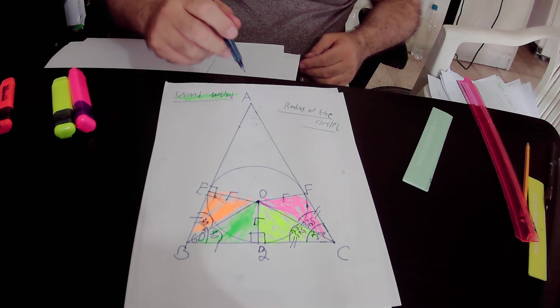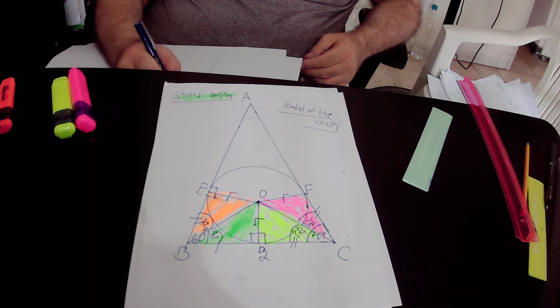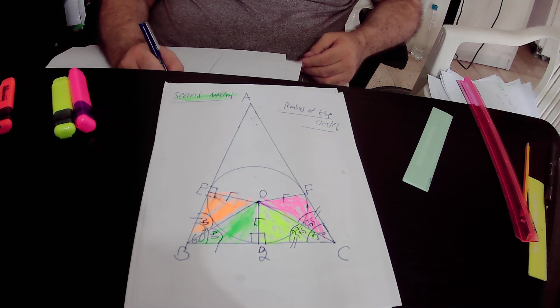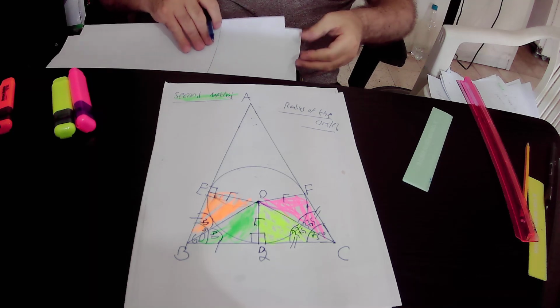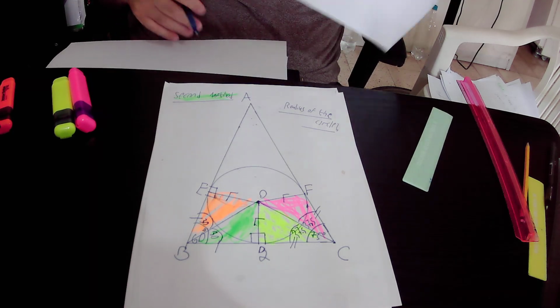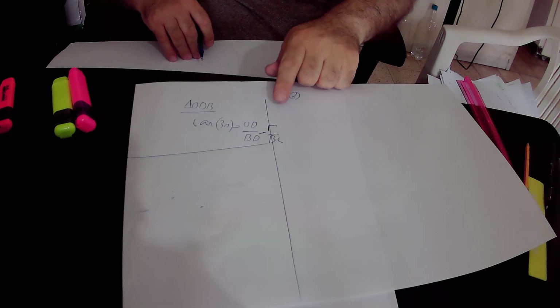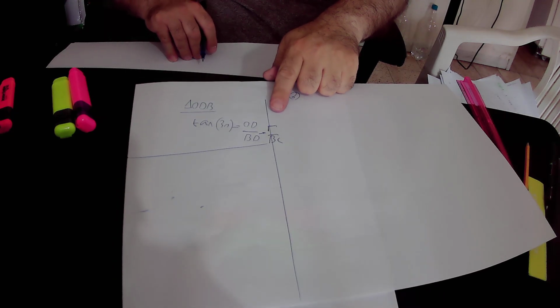Here, OD equals R, so we substitute OD by R over BD. In conclusion, tangent 30 degrees equals R over BD.